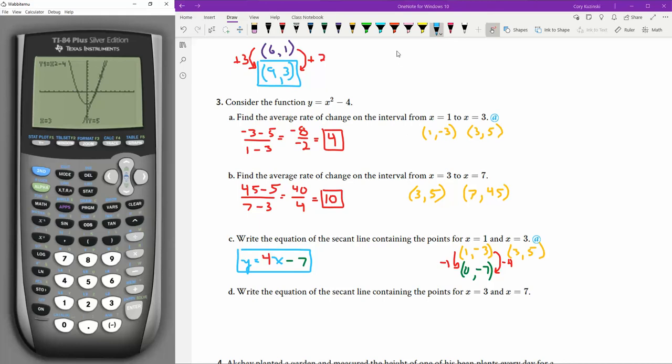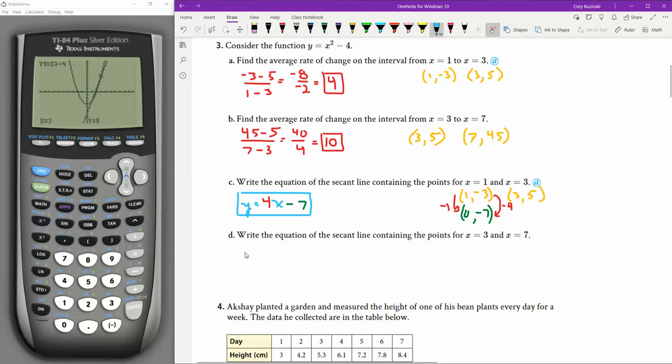Let's do it again. I guess, how could we do this one? They're giving us the same values here, 3 and 7. Here's another way we can do it. Let's use this point here, 3, 5.